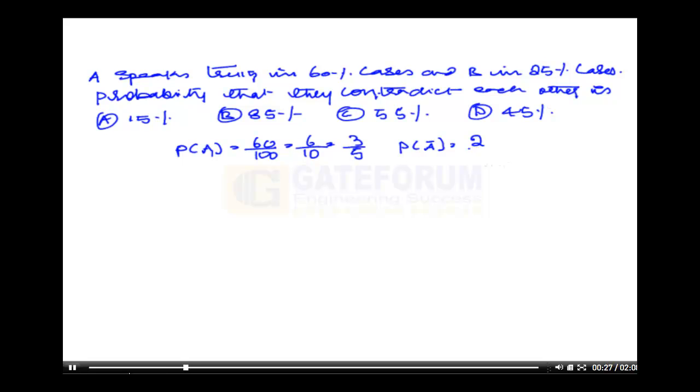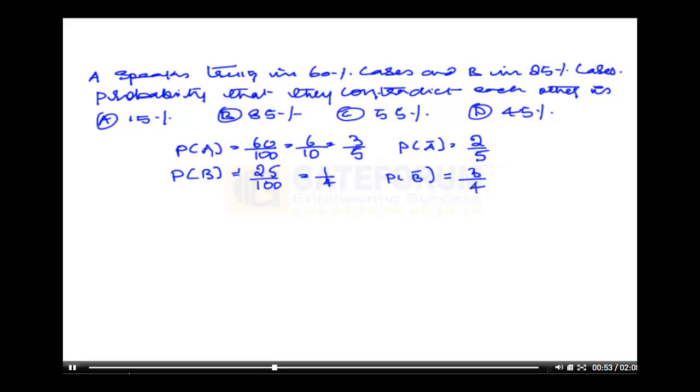That should be 1 minus 3 by 5, that is 2 by 5. Similarly, the probability of B speaking truth is given as 25%. That means 1/4. And the probability that B does not speak truth, let it be PB dash, is equivalent to 3/4.